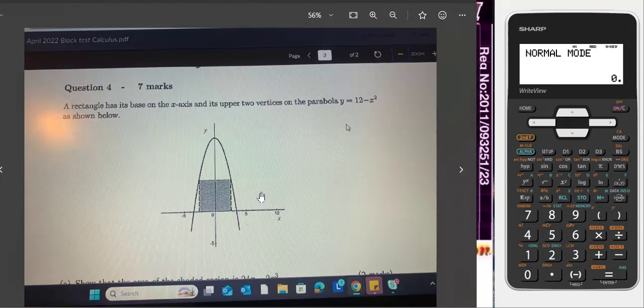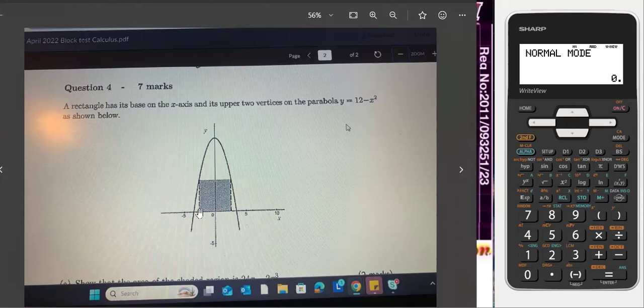If the coordinate from the origin to the edge of the box, I'm calling that length x. So when I put a point on x, that equation of y gives the height.